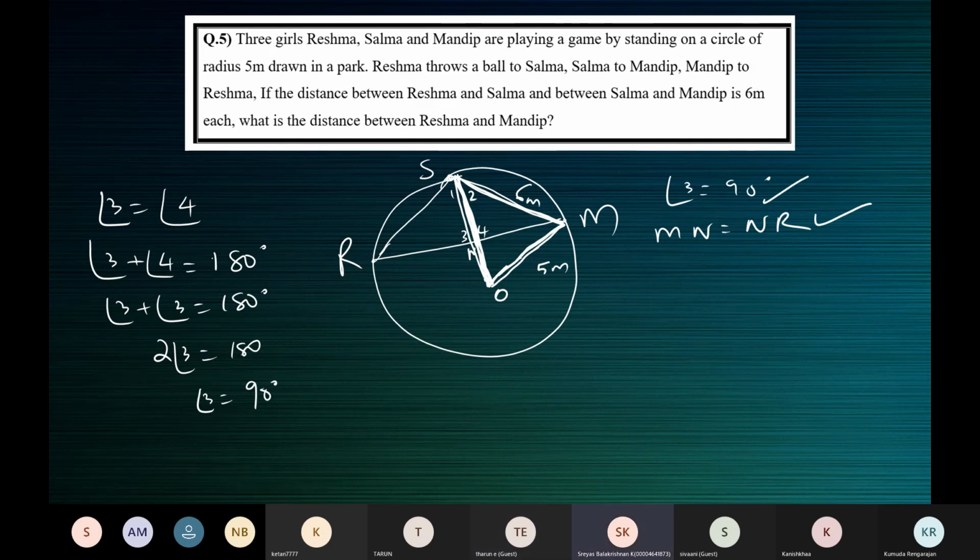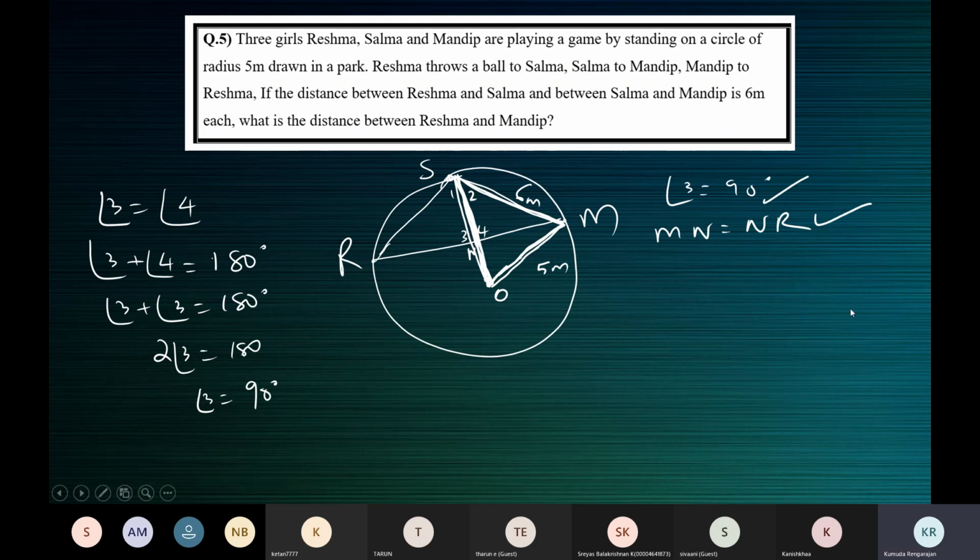We need to find. What is O? O is the center of the circle, right? What is OS? What is OM? OM is the radius, 5 meters.